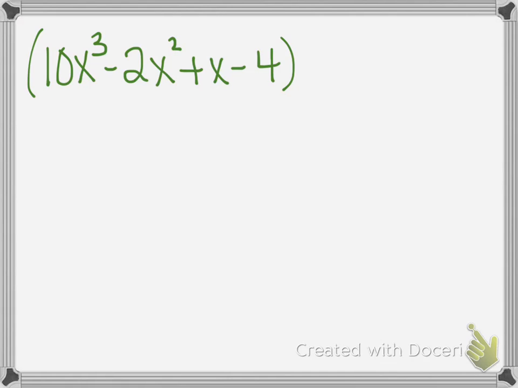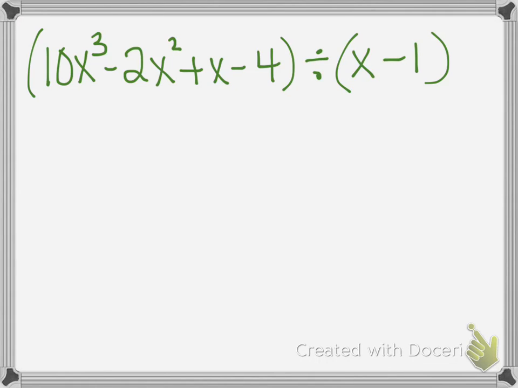Okay, so let's look at an example. 10x to the third minus 2x to the second plus x minus 4 divided by x minus 1. So we have a linear divisor with a coefficient of 1, so we can do synthetic division.